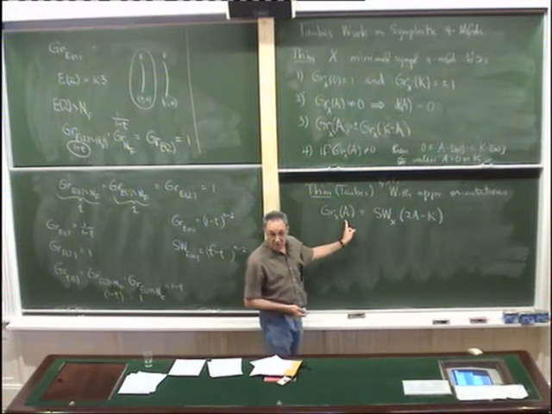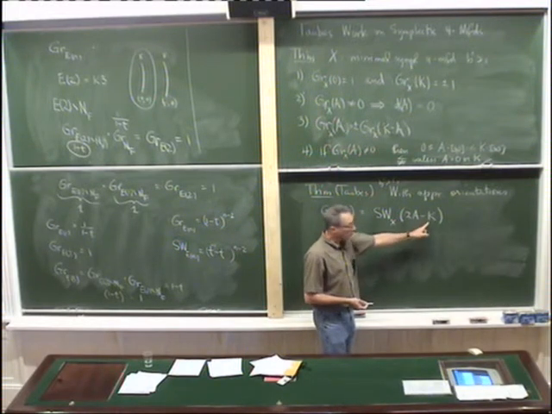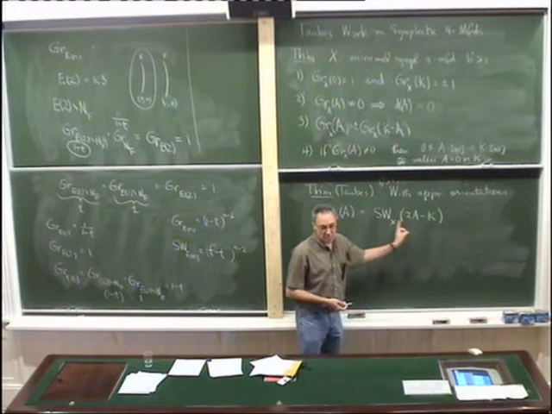But this theorem is telling us that the Seiberg-Witten invariant of minus the canonical class has to be 1.